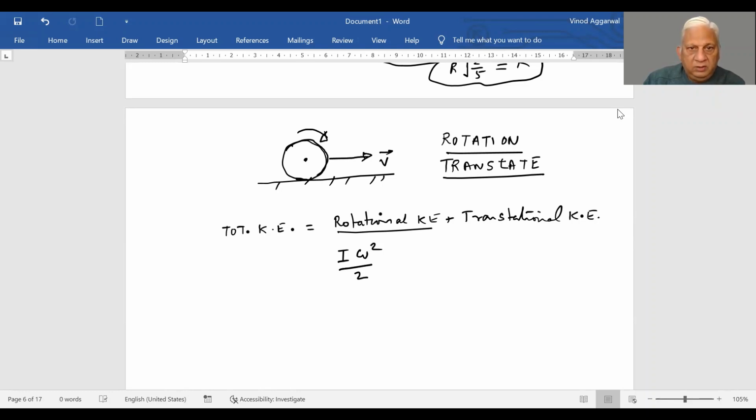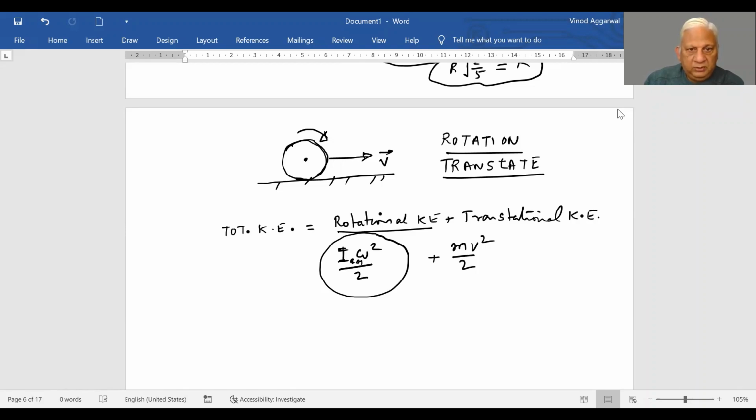Here the rotation is about the center of mass, so I is the moment of inertia of the body as if it is rotating through the center of mass, plus translational kinetic energy, which we have seen in earlier linear mechanics is mv square by 2.